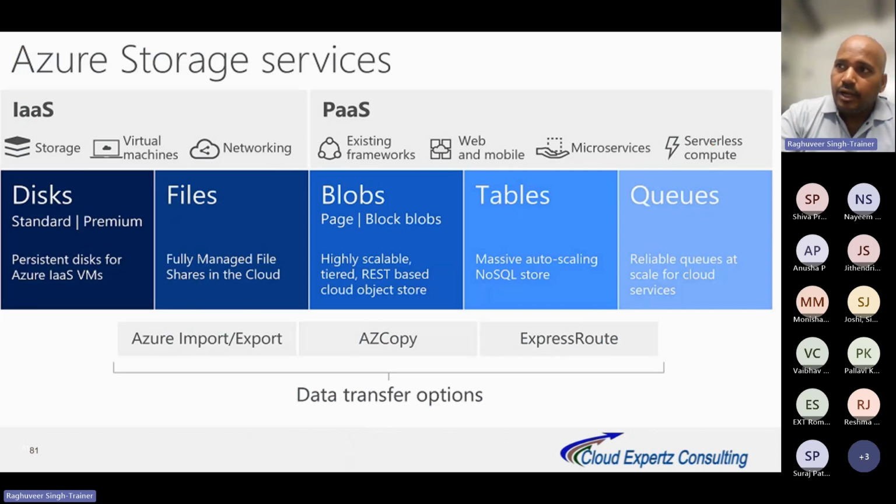Now, other than this, you have some tools available from Microsoft that you can use to transfer a lot of data or massive storage from on-premises to cloud or cloud to on-premises. Let's say you are migrating to cloud and you have some 20 terabytes of data that you also need to migrate to cloud.